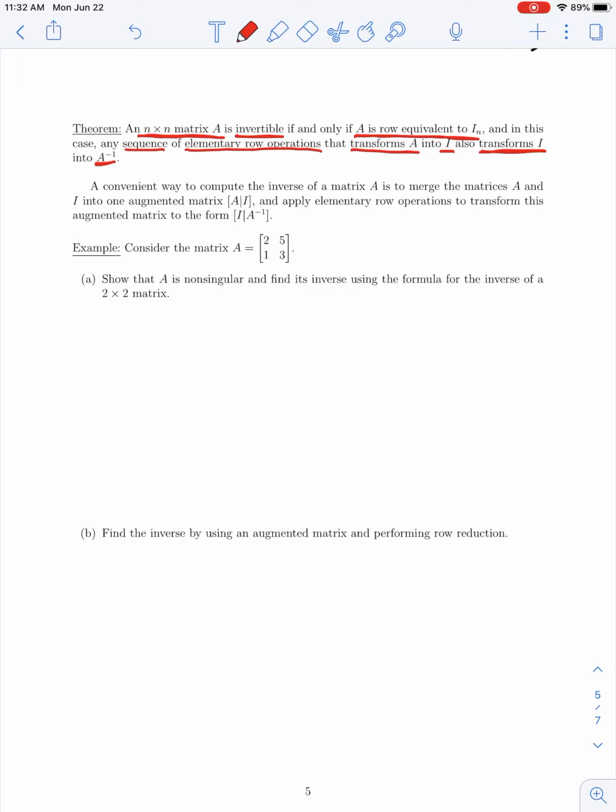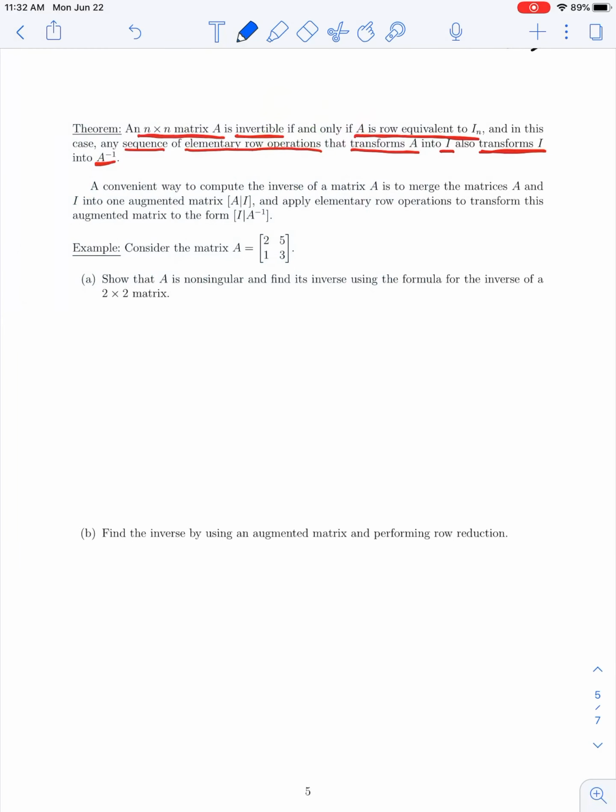So this theorem gives us a criterion to see whether a given matrix is invertible. That is, if we can row reduce it to the identity matrix. And it also gives us a way to calculate an inverse matrix. Say we have something other than a 2x2 and we can't apply that formula that we had in our earlier theorem, then how do we calculate our inverse?